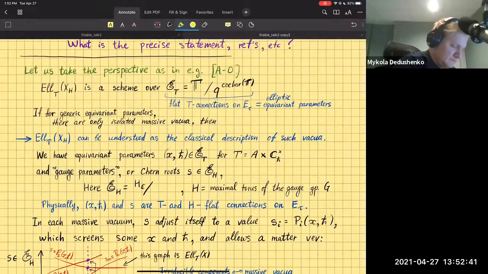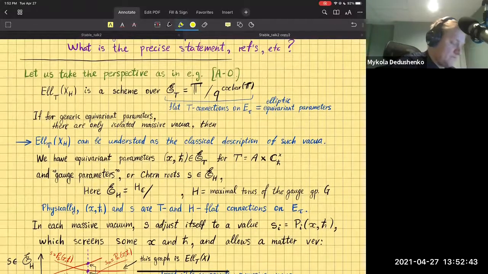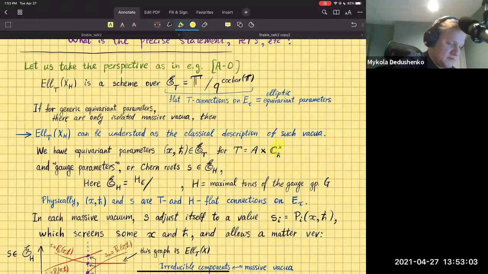So how this works, we have these equivariant parameters. Recall that in our case we have, let's call little x the parameters for the N equals 4 flavor symmetry, and h bar is the parameter for the special U1, in this case complexified, C star.